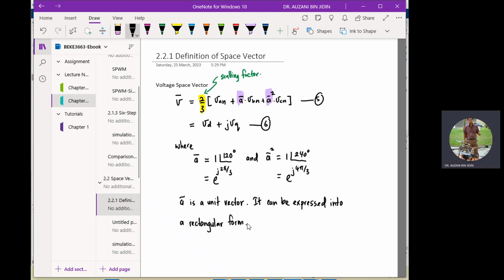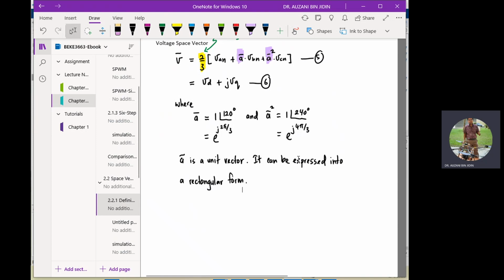So how to rewrite the unit vector A in rectangular form? So you can write into rectangular form by applying what? Euler theorem.